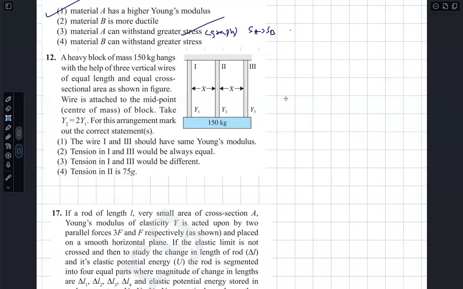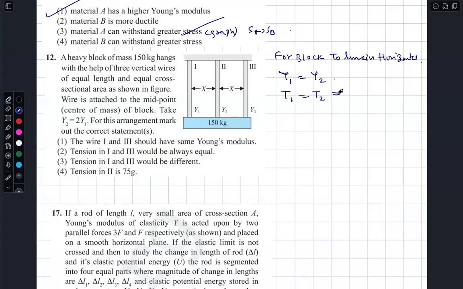See, for the block to remain horizontal, the torque at 1 must be same as the torque at 2, which means tension at 1 must be same as tension at 2.